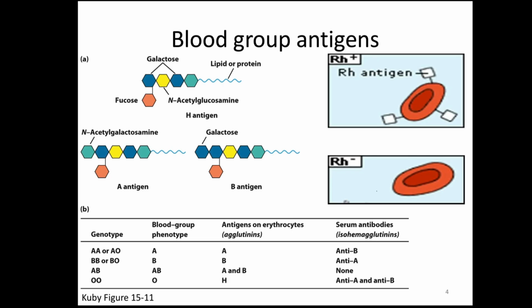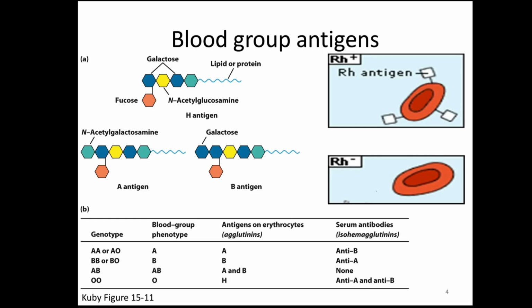There's our galactose. Then there's an N-acetylglucosamine. Then there's always another galactose. Then there's a fucose. In some people, there is an enzyme that adds another N-acetylgalactosamine at the end to this sugar. So there's the purple thing. In some people, the enzyme is different and it adds a galactose to the end of this chain. In some people, we don't add any sugar to the end of this chain.